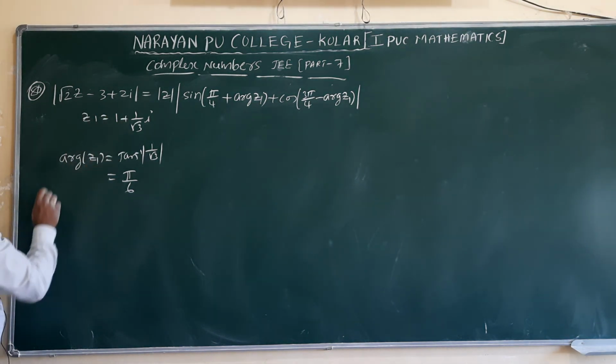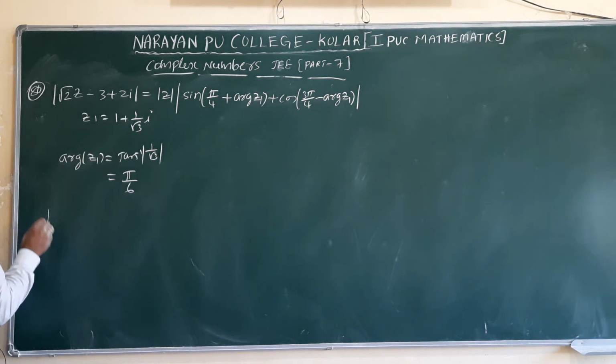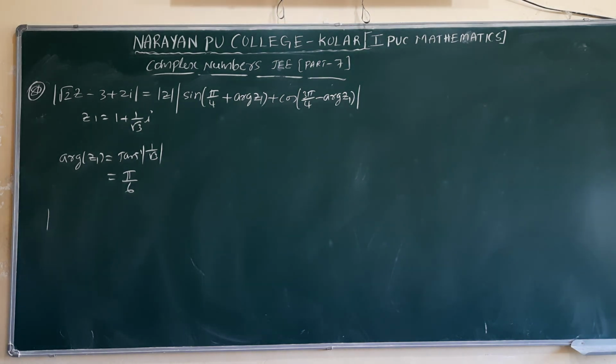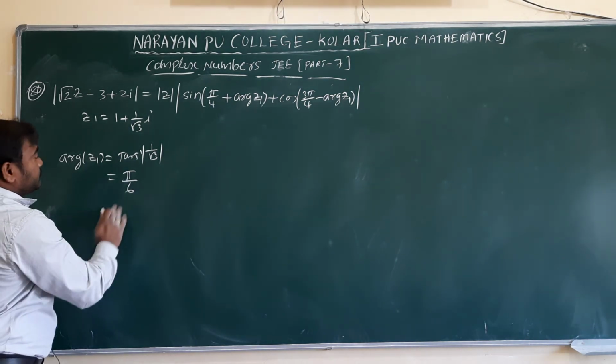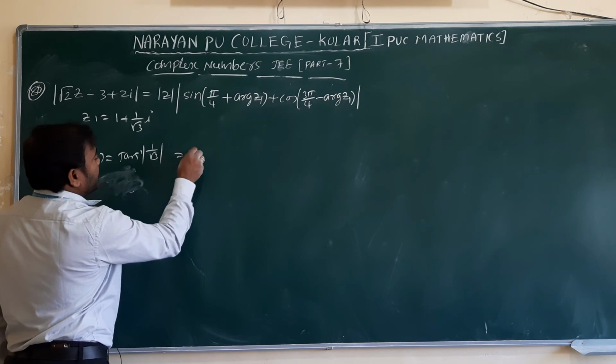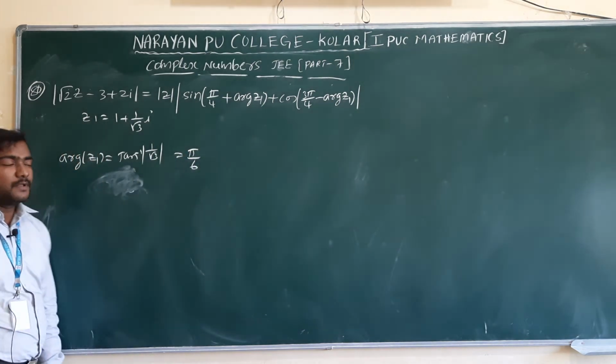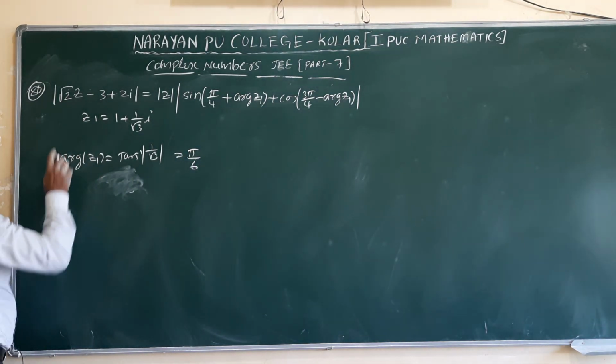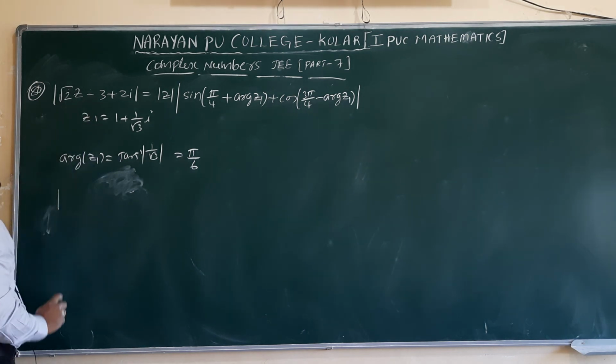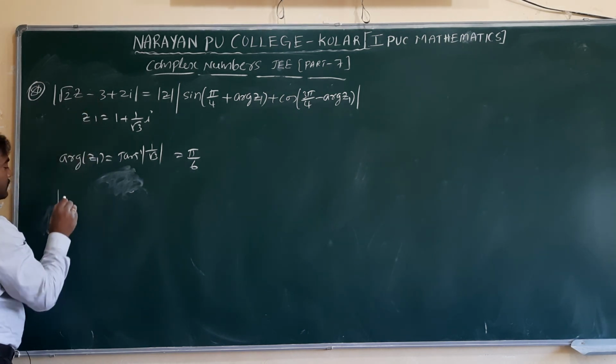Here pi by 6. So here modulus of, we have to take root 2 common. What do we get here?